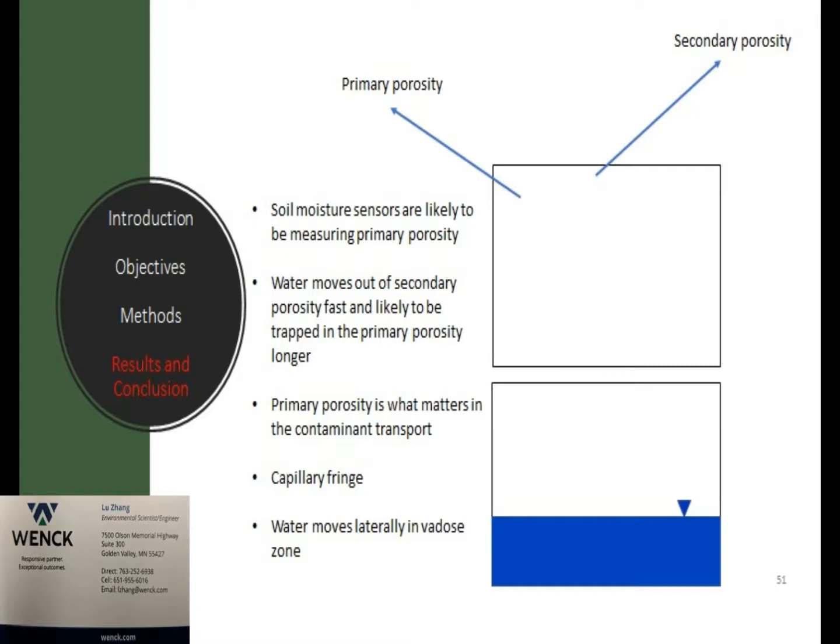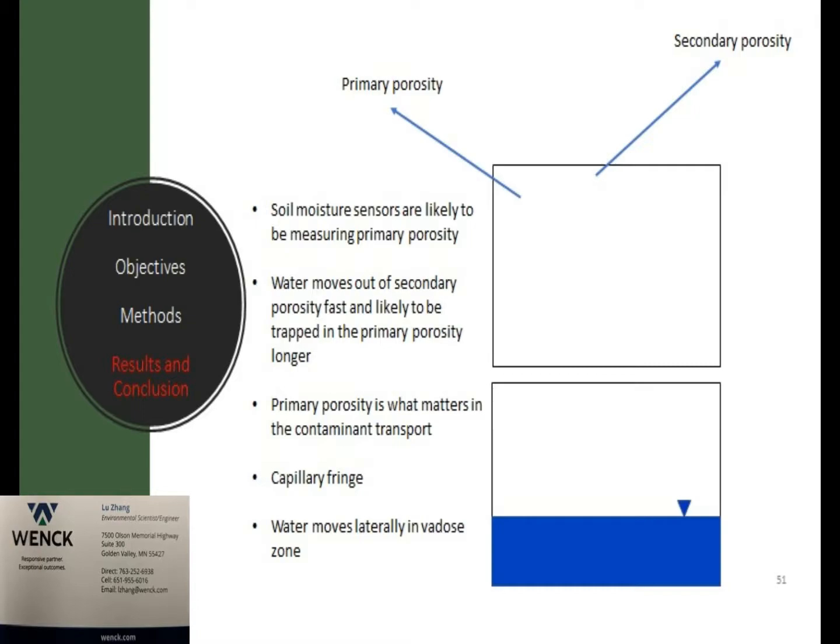There's another way that water moves in the subsurface vadose zone, capillary rise. If your water table is right here, the smaller the pore is, the easier it is for water to rise to a higher elevation than in the secondary porosity, because of capillary action. So with all those different ways water moves through the vadose zone, it's really important to look at the data and understand what we're really sampling, including the piezometer and lysimeter data.